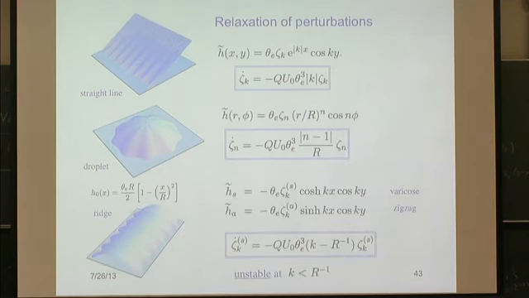But if we take now a ridge, which we know should be unstable, then of course we have instability at k smaller than the inverse radius.